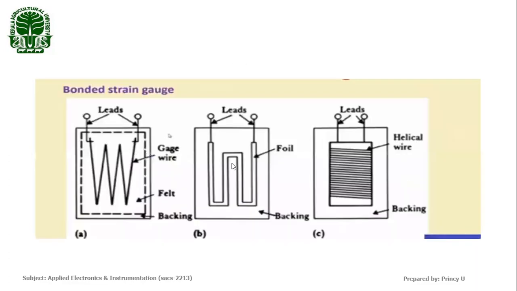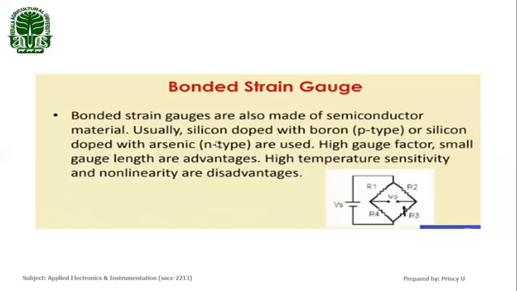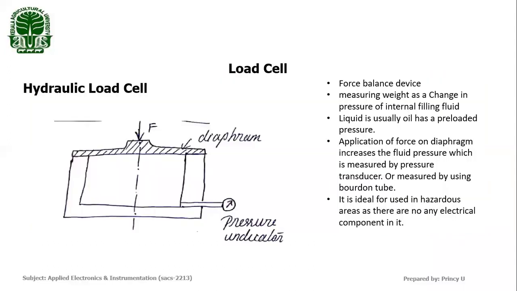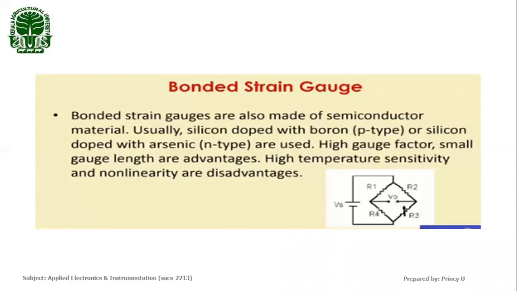So these are the different types of strain gauges. Strain gauges are of three types: unbonded strain gauge, bonded strain gauge, and semiconductor strain gauge. And these strain gauges can measure only small forces, only micrometers of displacement can be measured by using this type of device.